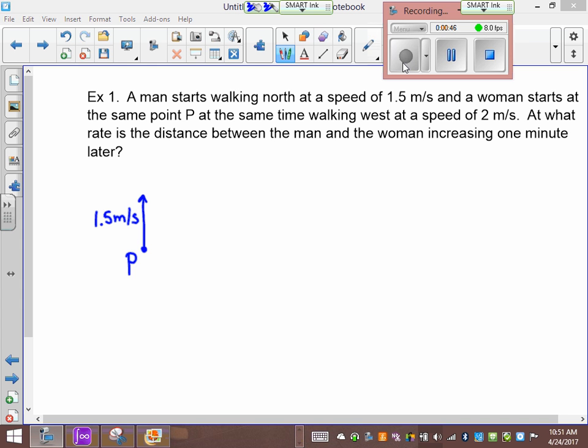And a woman starts at the same point, walking west at 2 meters per second. At what rate is the distance between the man and the woman increasing?